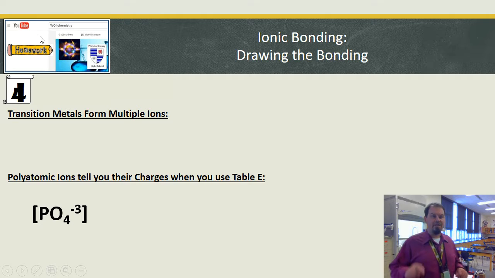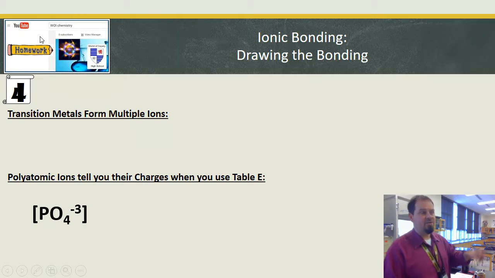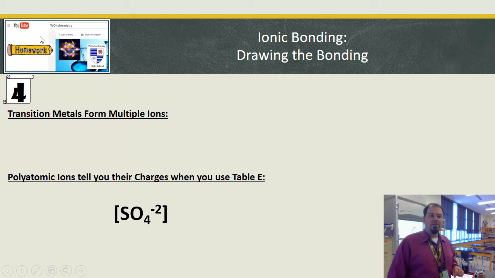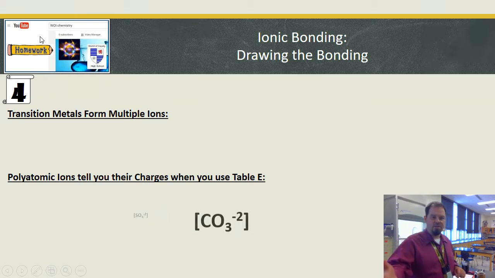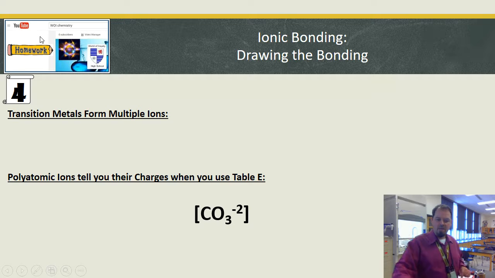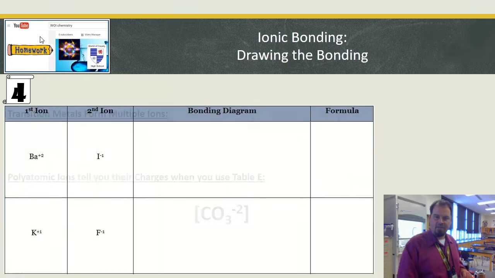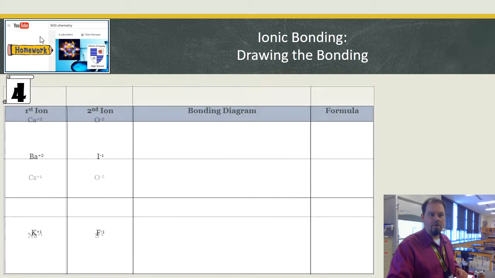PO4, polyatomic ion, the charge is right there, so it's a -3. The 4 is telling me there's 4 oxygens. There's a -3 charge for the whole thing, so it's scooped up 3 electrons along the way. There's polyatomic SO4, which is sulfate. These are listed right on table E. Okay, CO3 carbonate, got a -2. And now I have to draw some for you. I have to draw a bunch.